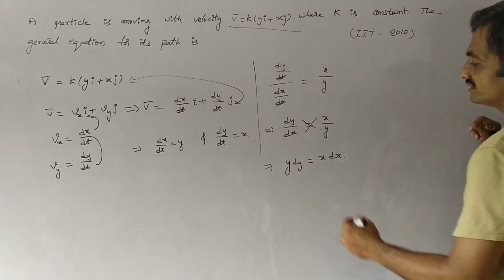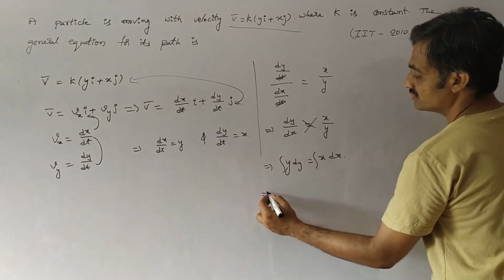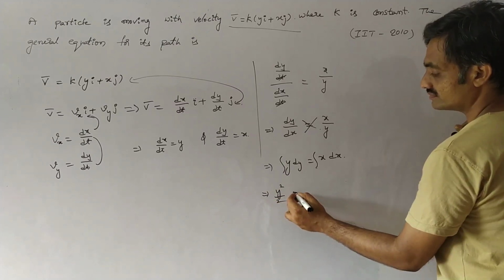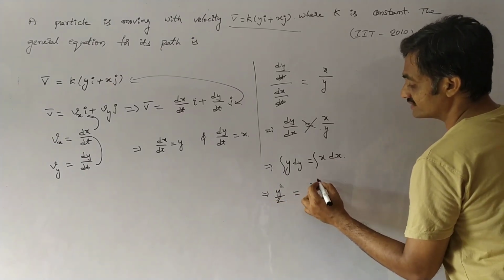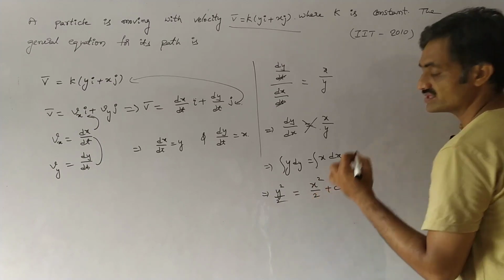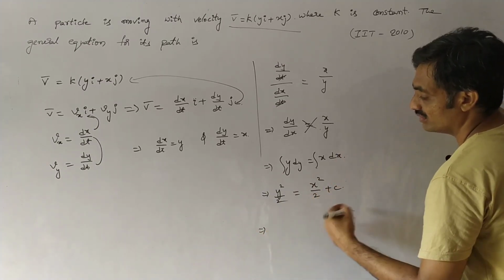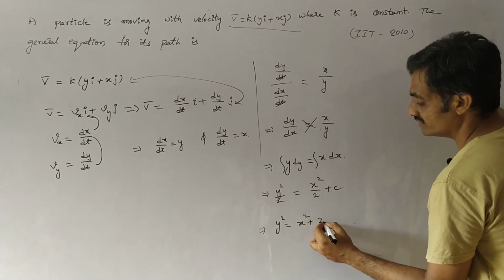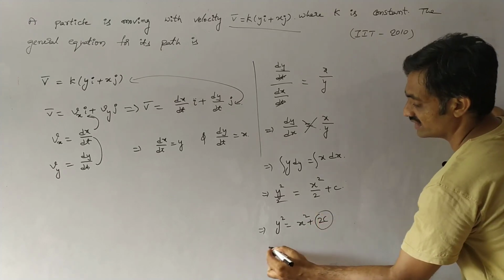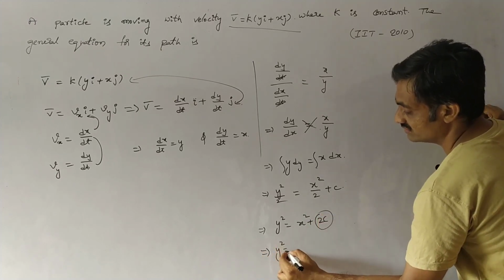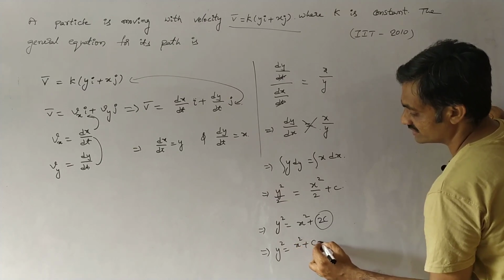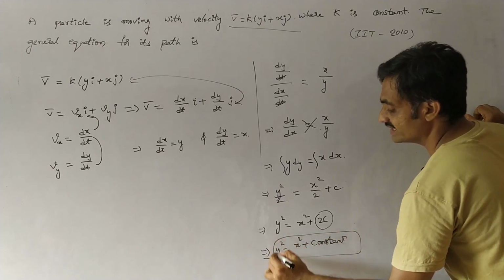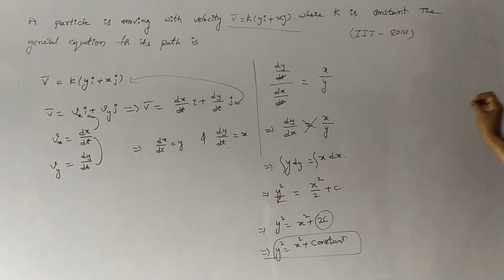Now integrate this equation. y into dy gives y square by 2 equals x into dx, x square by 2, plus the integrating constant. So if you take 2 as common, we have y square is equal to x square plus 2c, which is also considered as a constant. Then we can write y square equals x square plus a constant. It represents the result. Take a screenshot and we will continue with the next problem.